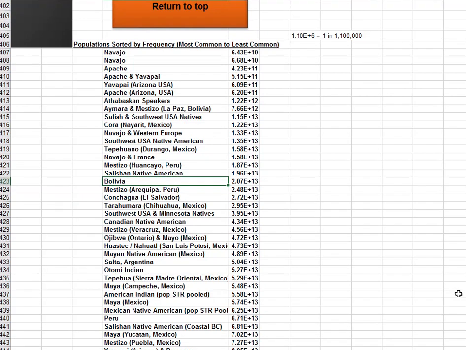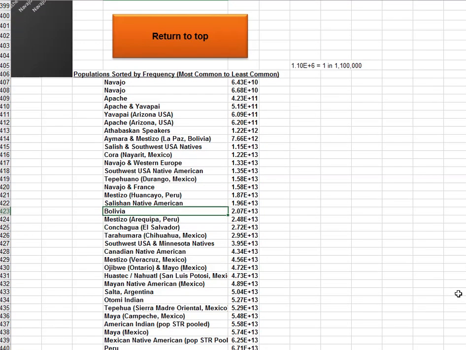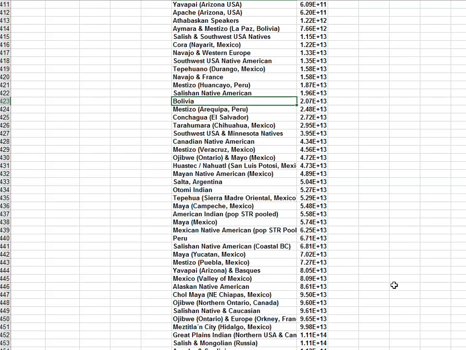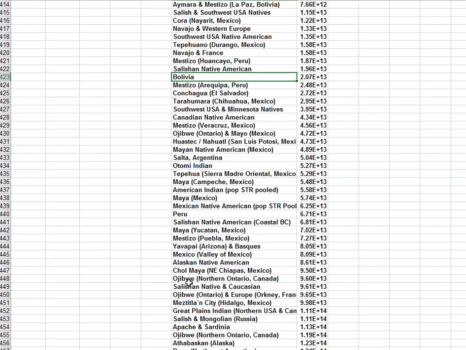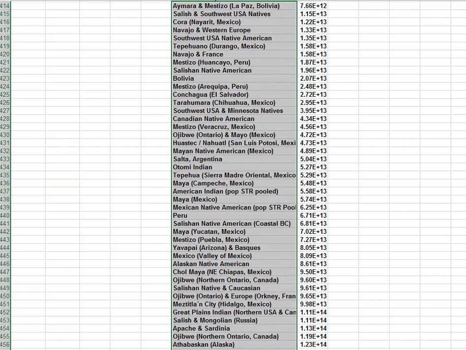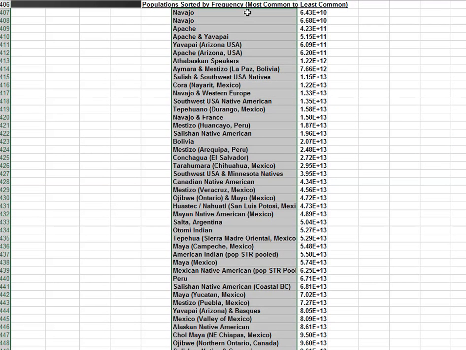But the key takeaway here, folks, the crux of the message is you don't see a lot of Western Canada in there, do you? You don't really see a Dogrib population until we get way on down here. I believe it is somewhere in the neighborhood of, let me find it for you because I know it's here. Here it is, 463. So how many populations is that from the top? 57?